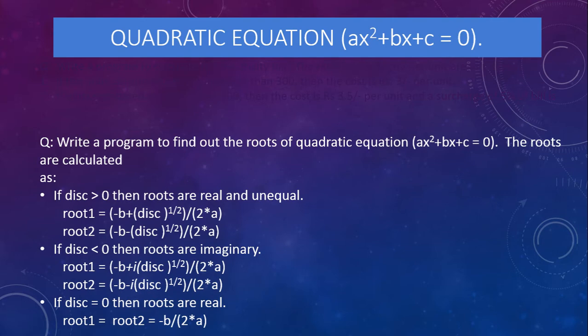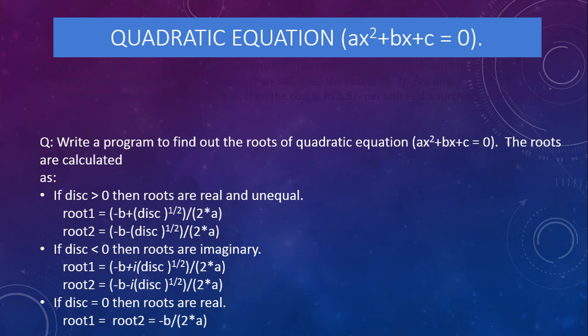If we consider an example of a quadratic equation, 3x² − 2x − 6 = 0, then in order to find the roots, we have several conditions which will be applied.